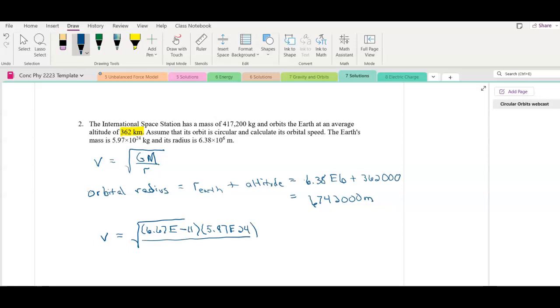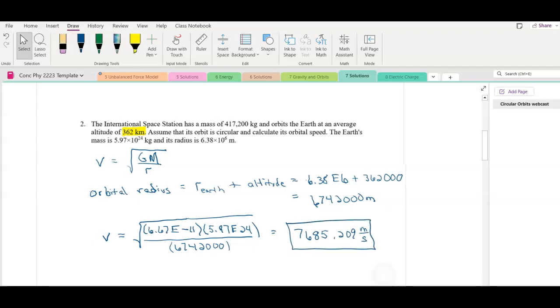And then I'm going to divide by that orbital radius. And so I get 7,685.209 meters per second.